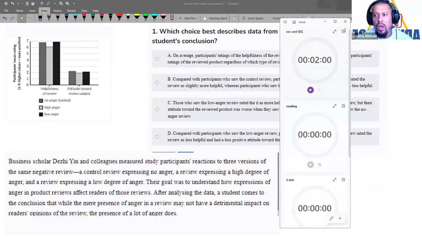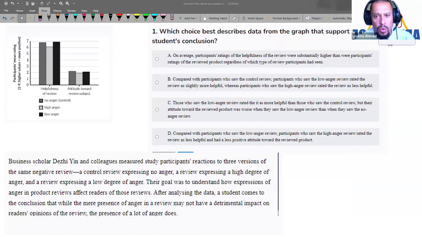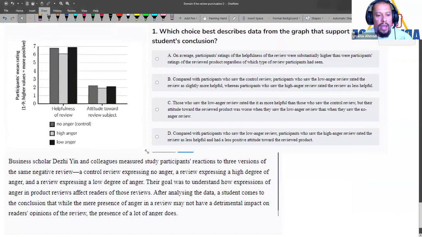We're not answering which answer is true. We're answering the question. So here, for example, which data from the graph supports the student's conclusion? What we need to do is identify the conclusion first to identify what answer we need, okay? So we need support for this conclusion.